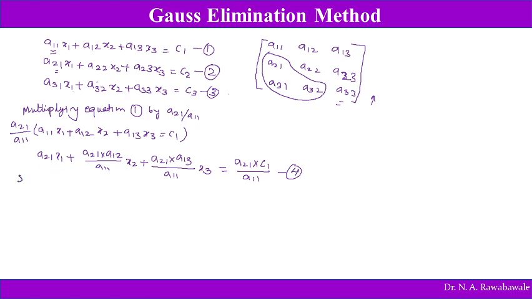Subtracting equation 4 from equation number 2, we get, as here the variable, or unknown, x1, a21 minus a21, so these two get cancelled.